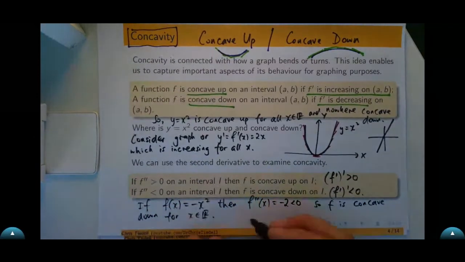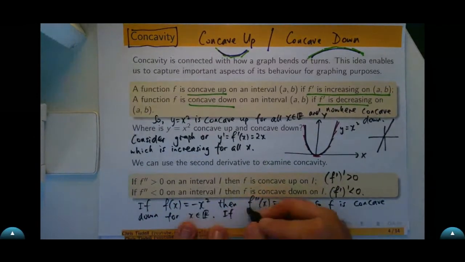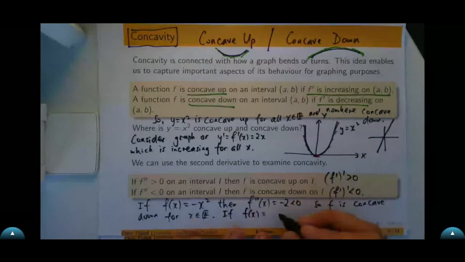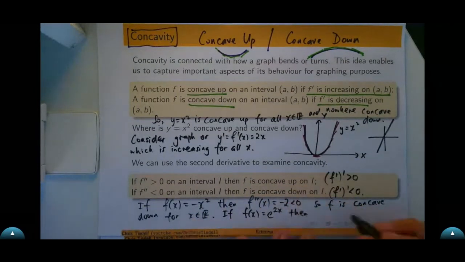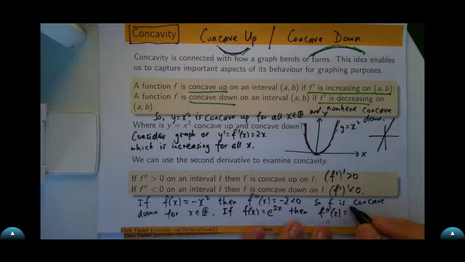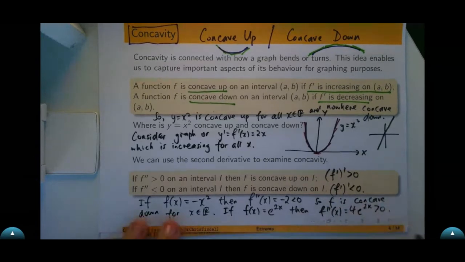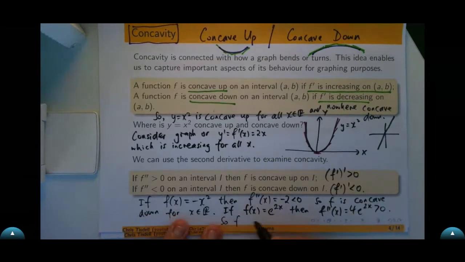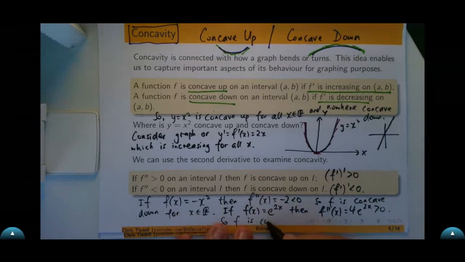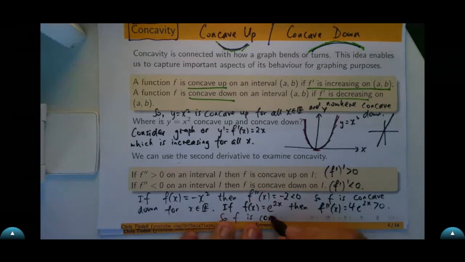Okay. What about another one? If f of x equals, say, e to the 2x, then the second derivative is going to be 4 times e to the 2x, which is always positive. f is concave up.